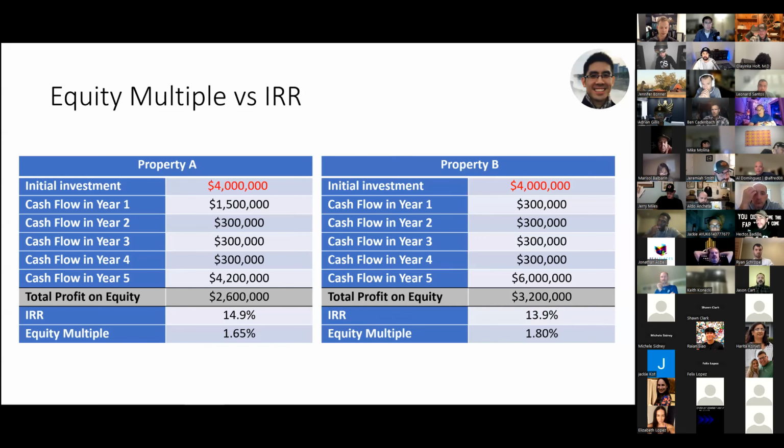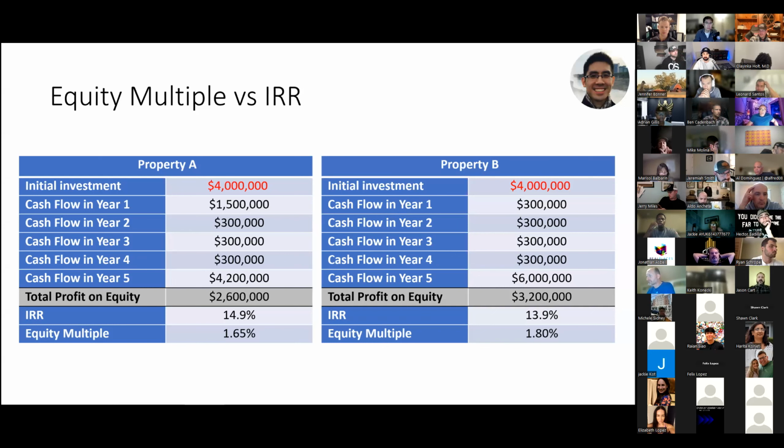And typically, if they want to get cashed out, they probably would have a pref. Then when they get cashed out, the GPs or however they decide, those shares get distributed. They cash out, they're out of the deal.